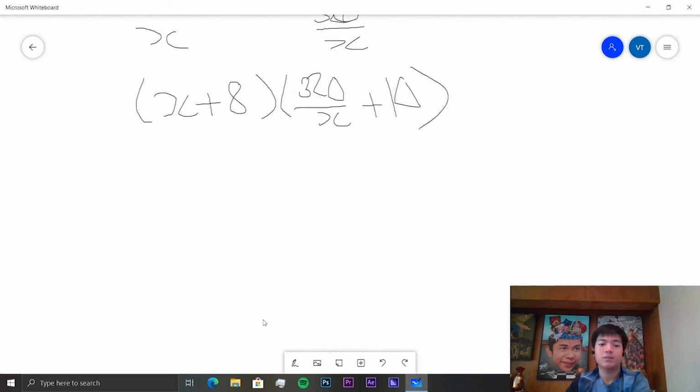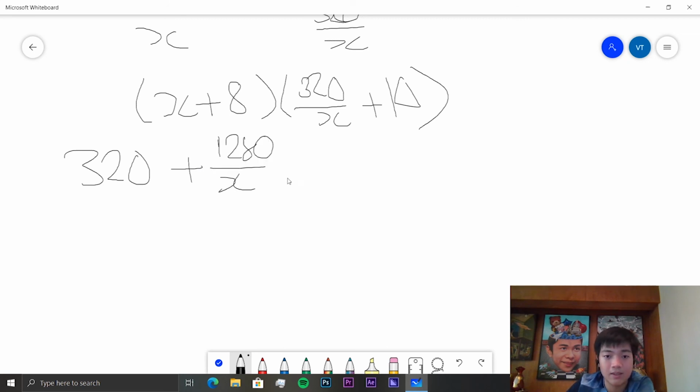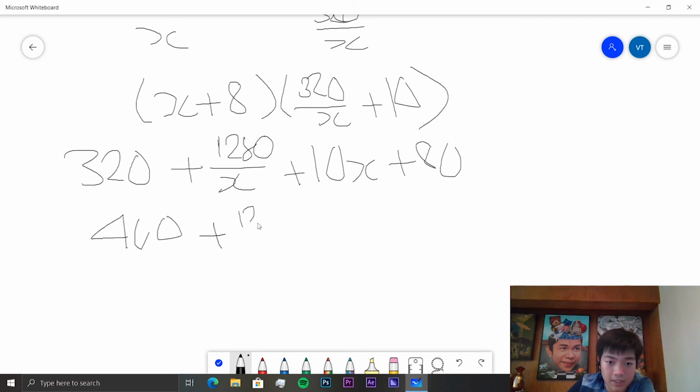Okay, so if we multiply this out, we get 320 plus 8 times 320, which is 1,280 over x, plus 10x plus 80. So this would be equal to 400 plus 1,280 over x plus 10x.